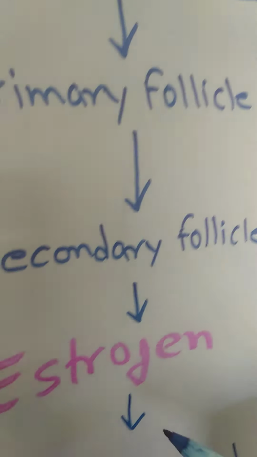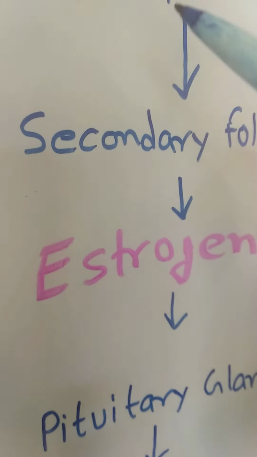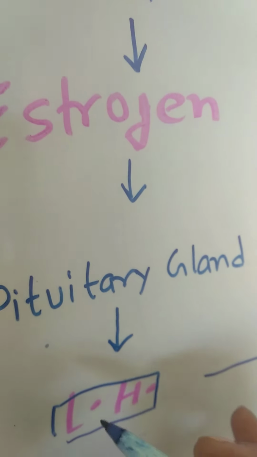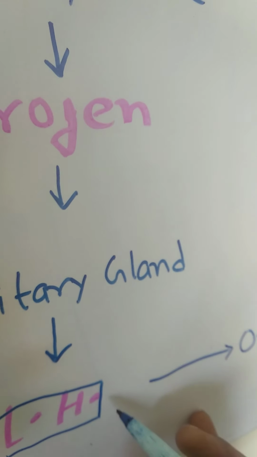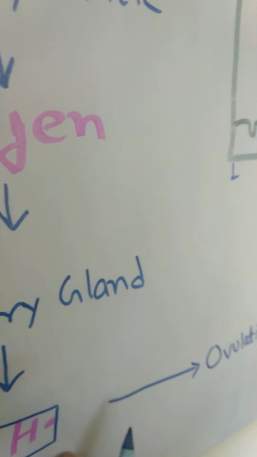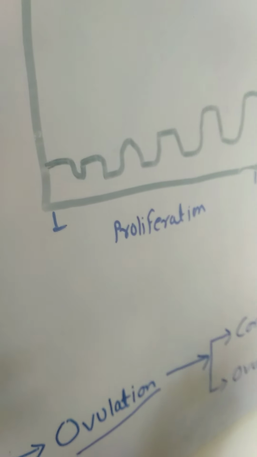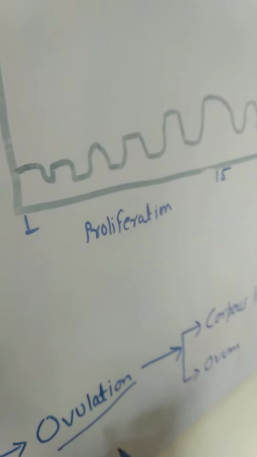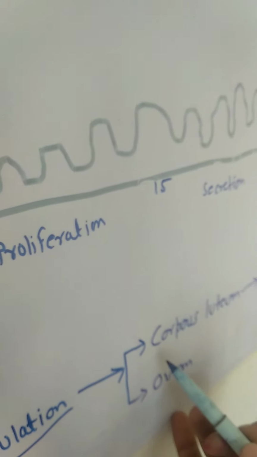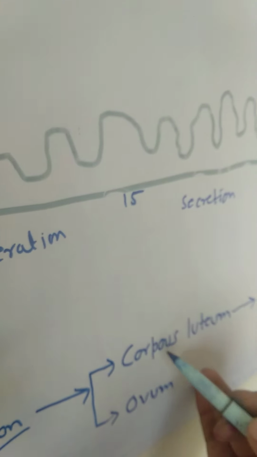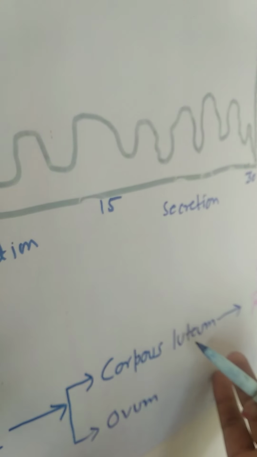After the development of these follicles, and estrogen, then luteinizing hormone, what is the function of luteinizing hormone? It releases the ovum. That process is called ovulation. So ovulation is completed by the release of the ovum and then the formation of the corpus luteum.